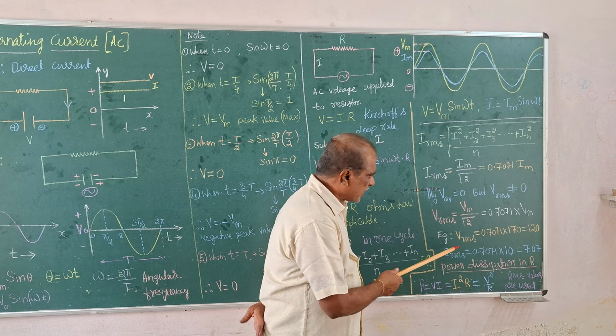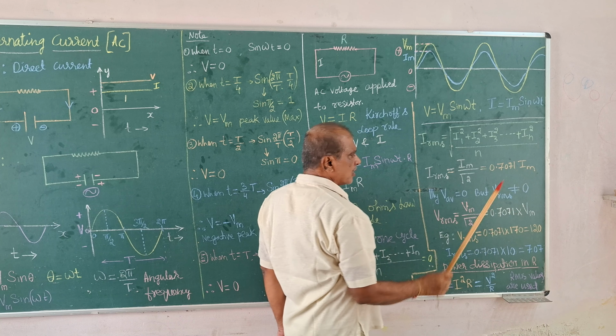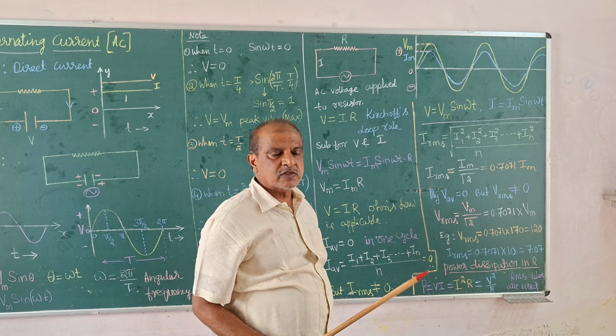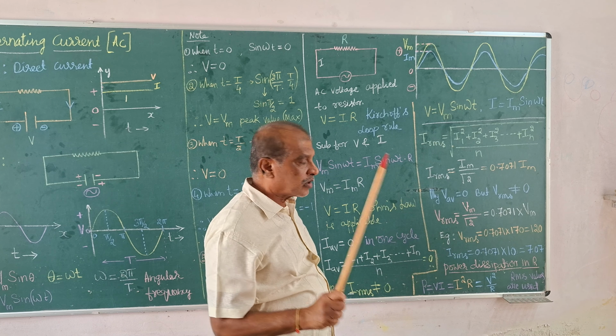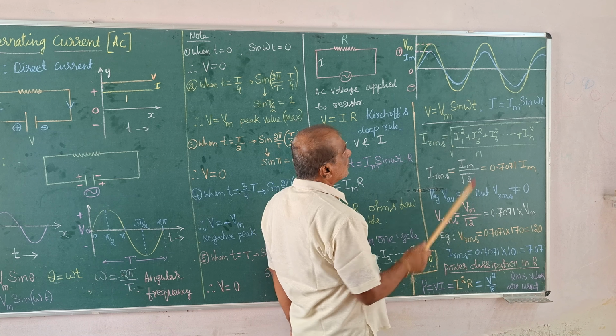When you calculate the RMS value of voltage, V RMS is equal to this constant value into, suppose, 170, the peak value of the voltage. If the peak voltage of the AC applied here is 170, what would be the RMS value, that is, the mean value of this voltage?